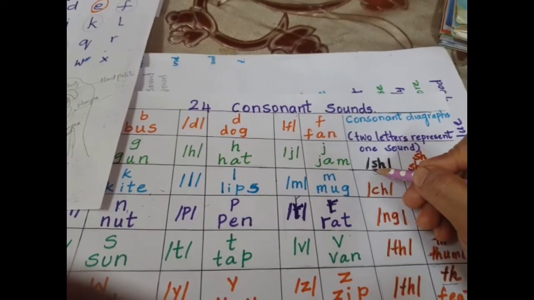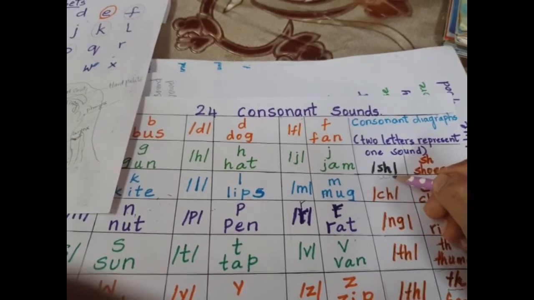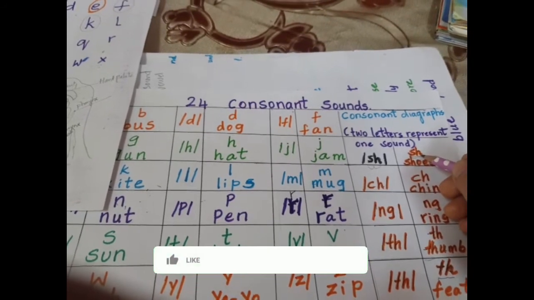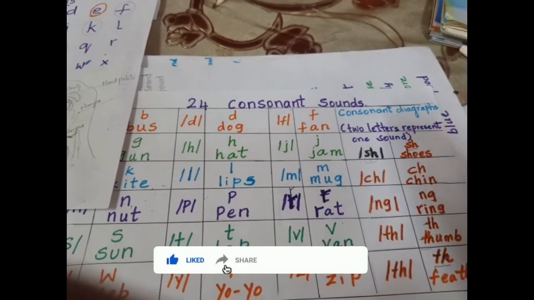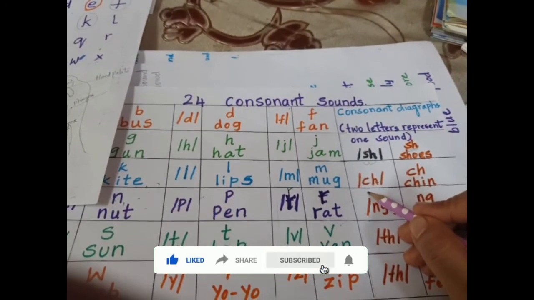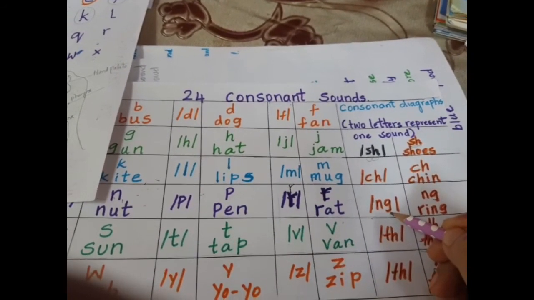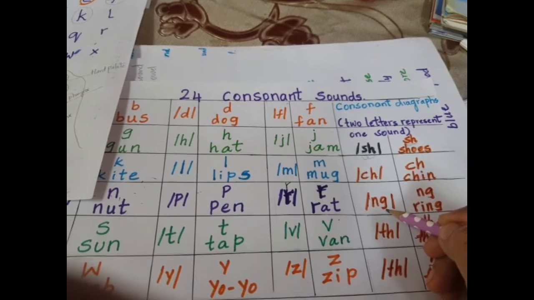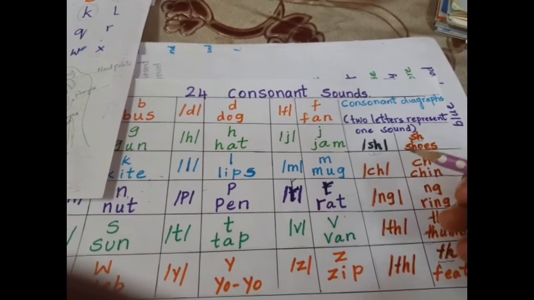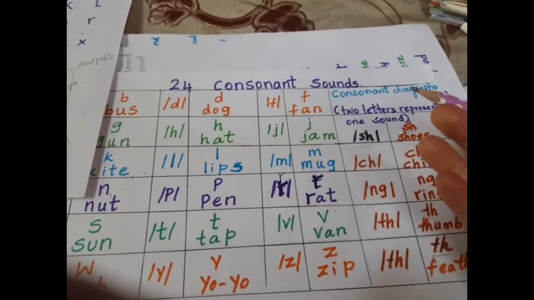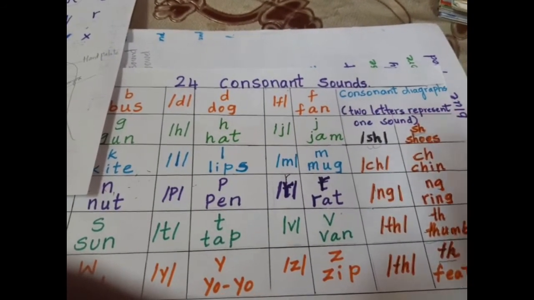Like you have S and H, but the sound comes out as sh, so it's different. For CH and for NG, it's completely different. Two consonants making a different sound is called a digraph.